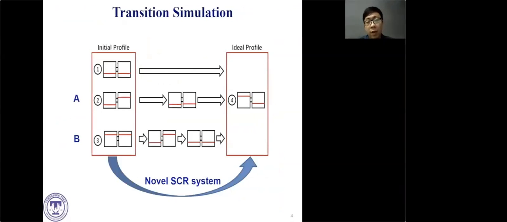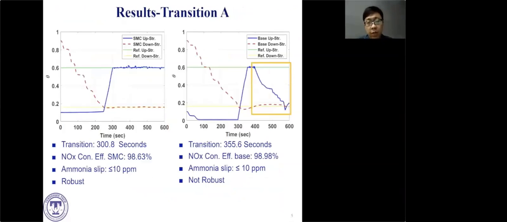2 cases are used to validate the proposed system under WHTC. In transition A, the proposed system is able to complete the transition from the initial profile to the ideal profile faster. It shows better robustness at the ideal profile compared to the conventional system.